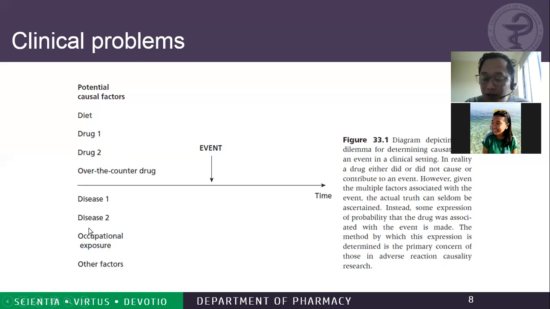So in pharmacoepidemiology, we are interested in finding which of these factors, one or more than one, can cause the event or are related to the event, or whether nothing is related to it except the procedure and so on. Then we can define that it is not an adverse drug reaction, but only an adverse event due to medication error and so on. Okay.